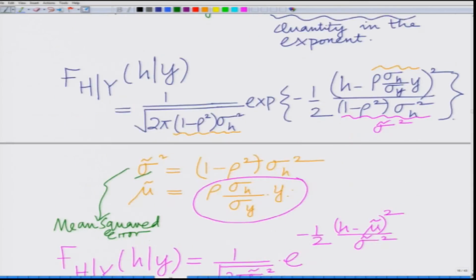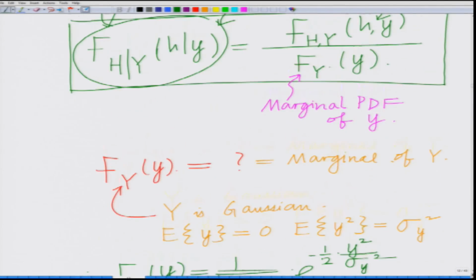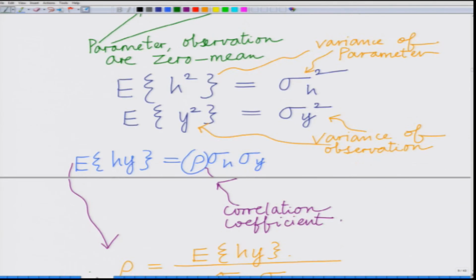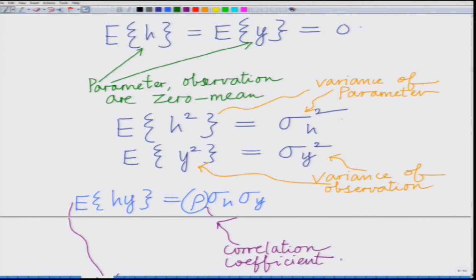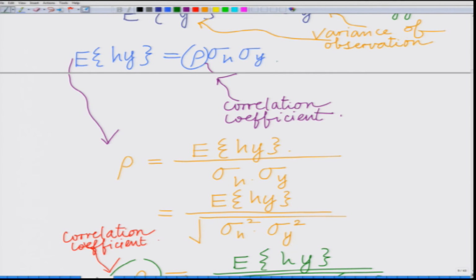If you go back to our nomenclature and look at our definitions, we have that expected h square equals sigma h square, let us denote this by r h h, and expected y square equals sigma y square, let us denote this by r y y, denoting the variance of h by r h h and the variance of y by r y y, and the cross correlation between h and y, expected h comma y, we denote by r h y.